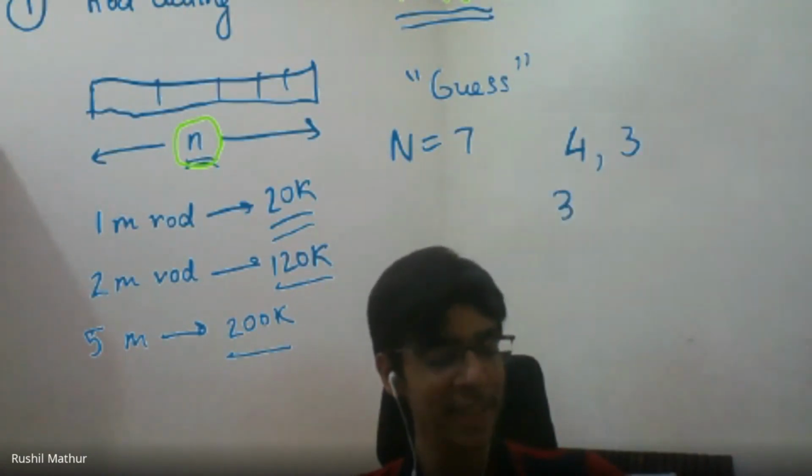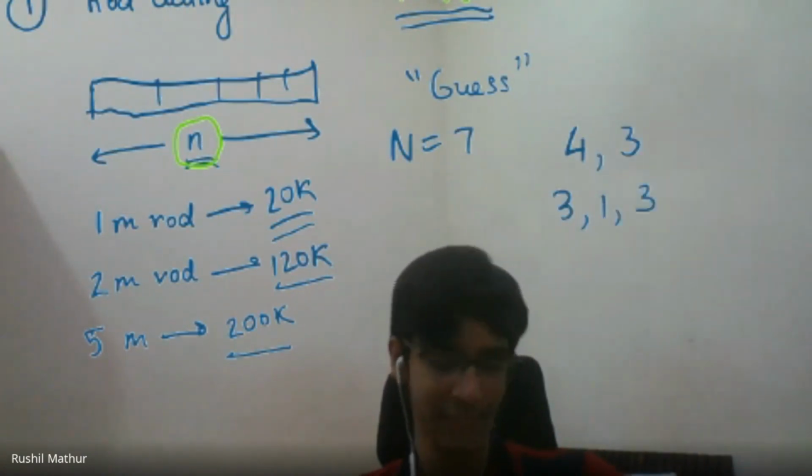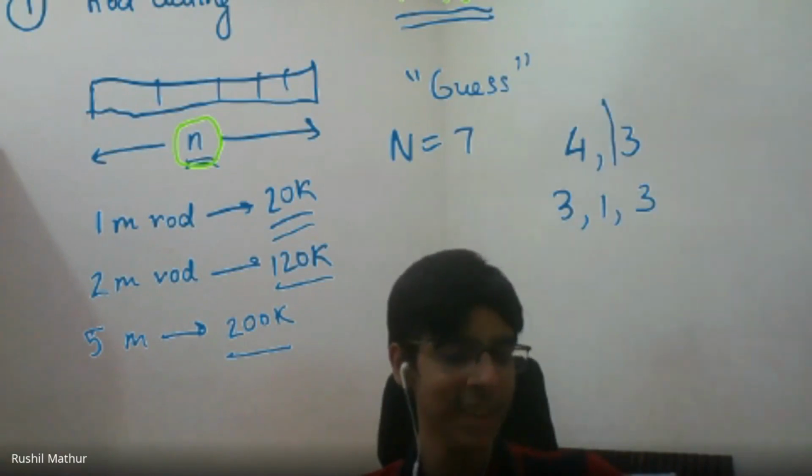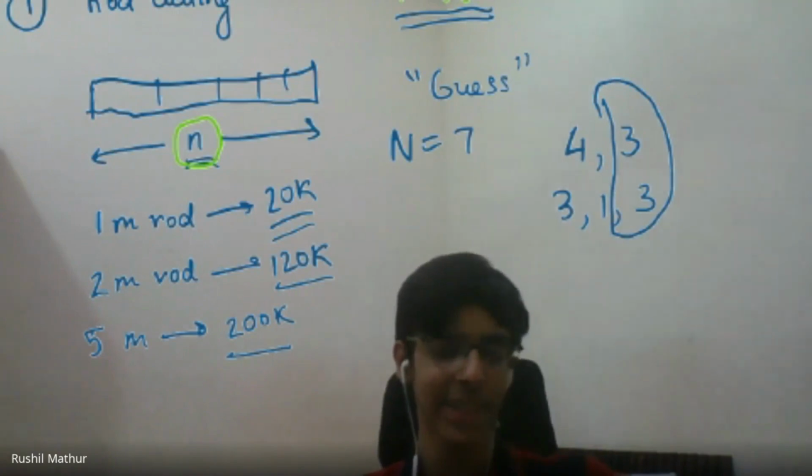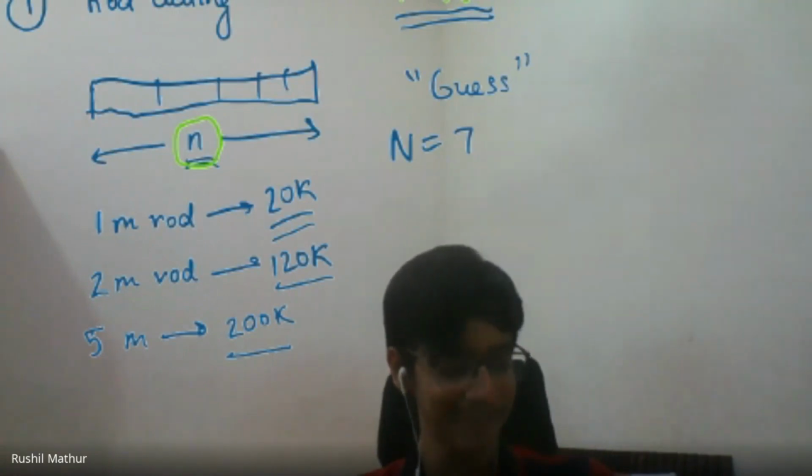The second time you partition into 3 and 1 and 3. So this last 3 you had already seen, but you redid it. And that is the same idea of memoization. This is why it's important to memoize.